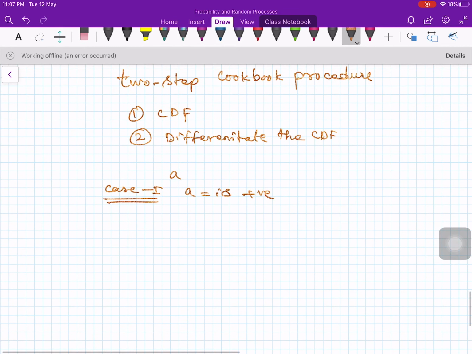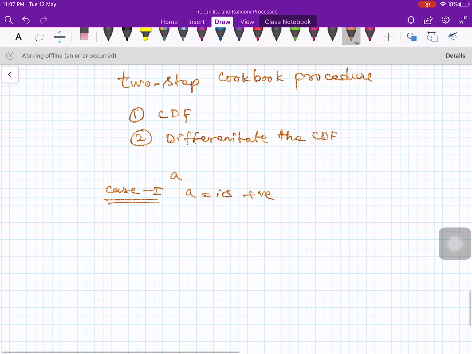So by definition, what is the cumulative distribution function? It is given by capital F, capital Y of y. By definition, it is P of Y less than or equal to a certain number, small y. So the cumulative distribution function is the probability that the random variable capital Y takes values less than or equal to a certain number, small y.